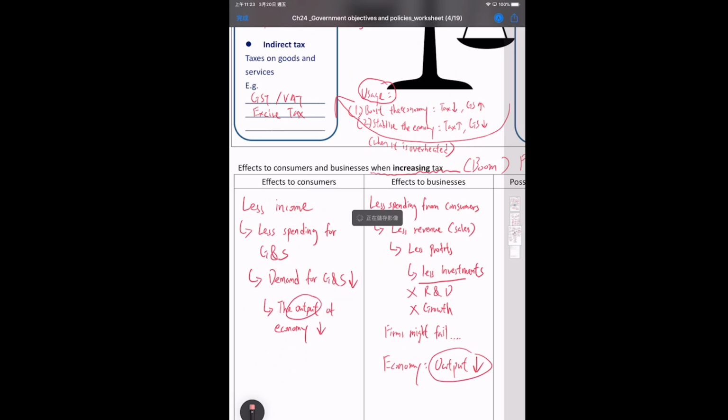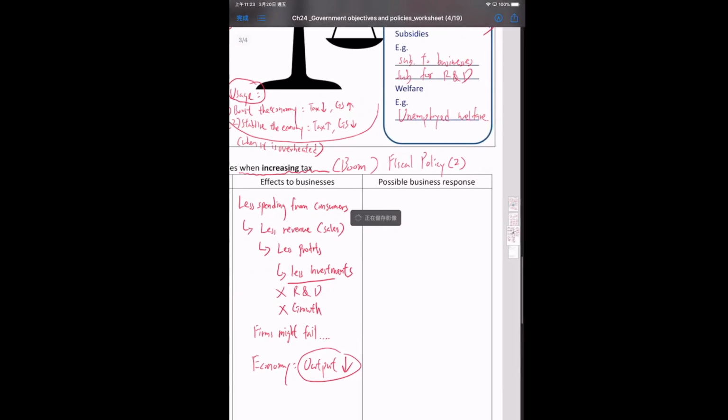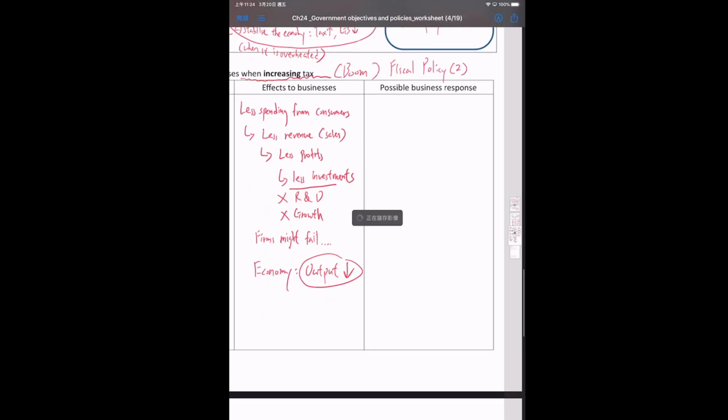So there's one more thing we need to know. If you are the business, and you see the things on the left hand side happening, what are you going to do?